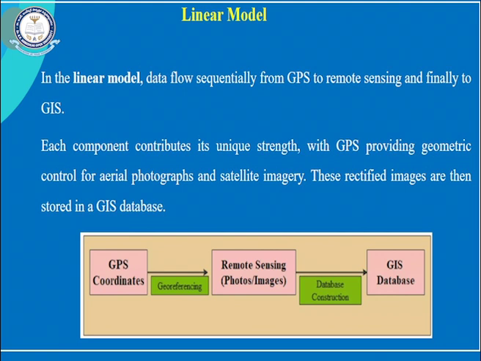GPS has a subordinate role, supplying only point-based data to support remote sensing. In the final GIS database, GPS data are not directly visible, but serve as a crucial bridge, standardizing imagery to the georeferencing system used by the GPS.